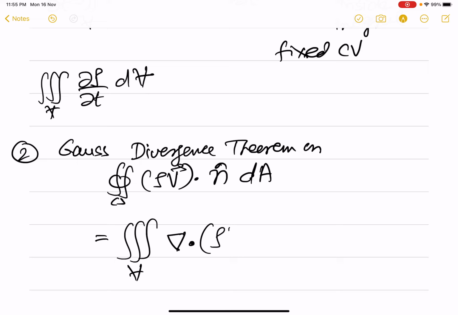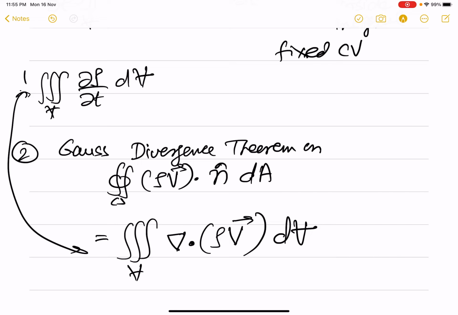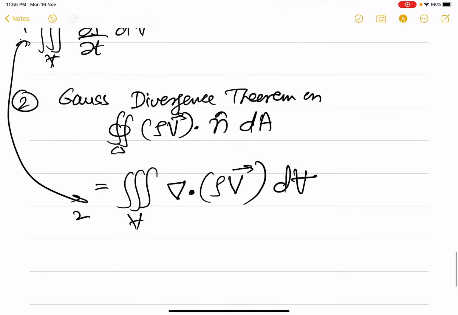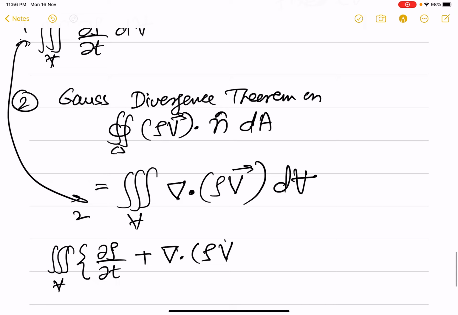So it gives me divergence of rho v dv. Now I add term 1 and term 2 together, so I'll get volume integral of partial rho by partial t plus divergence of rho v dv is equal to 0.